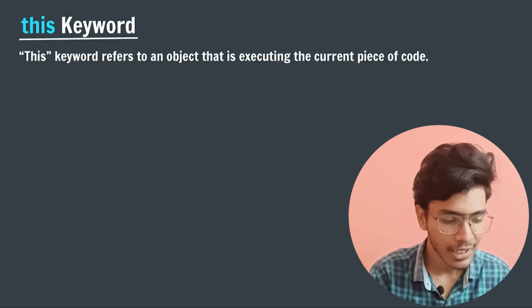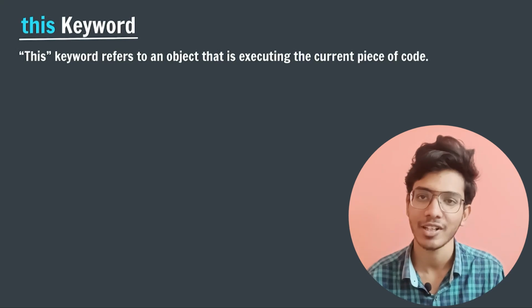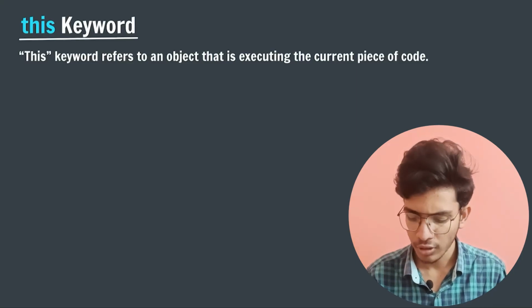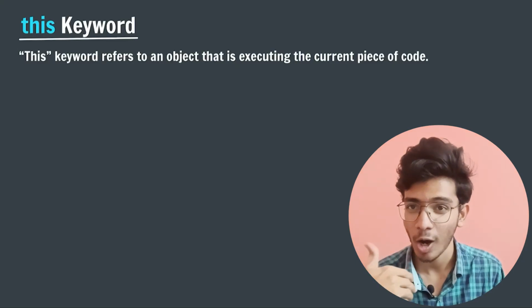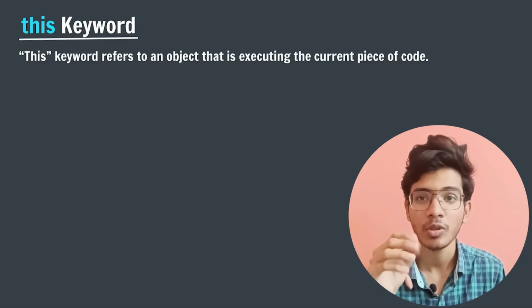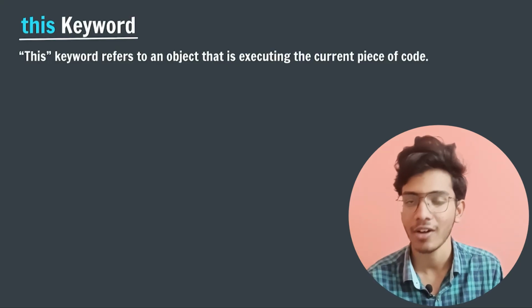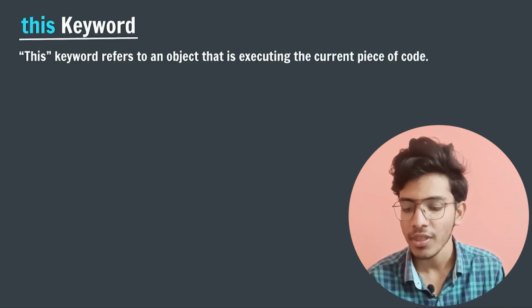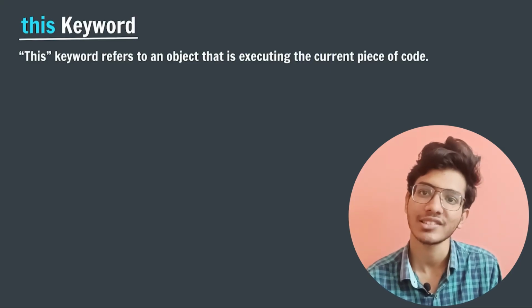The this keyword refers to the object that is executing the current piece of code. What is the meaning of it? I said in part 6, when we studied object literals, that object is a huge word in JavaScript. Depending on the context you are speaking in, an object can have various meanings.